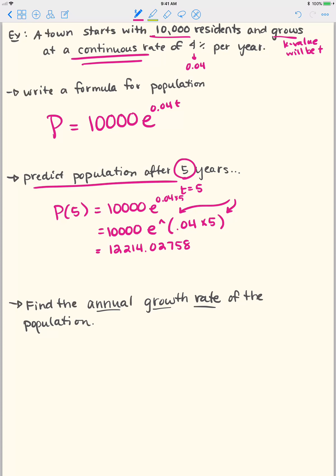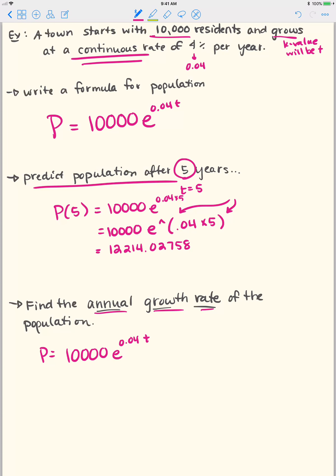For the last part of this question, it's asking you to find the annual growth rate. So it's telling you that there's a yearly continuous rate of 4%, but to find the annual growth rate, we're going to drop back and look at the normal non-continuous growth rate. So we had 10,000 e to the 0.04t.